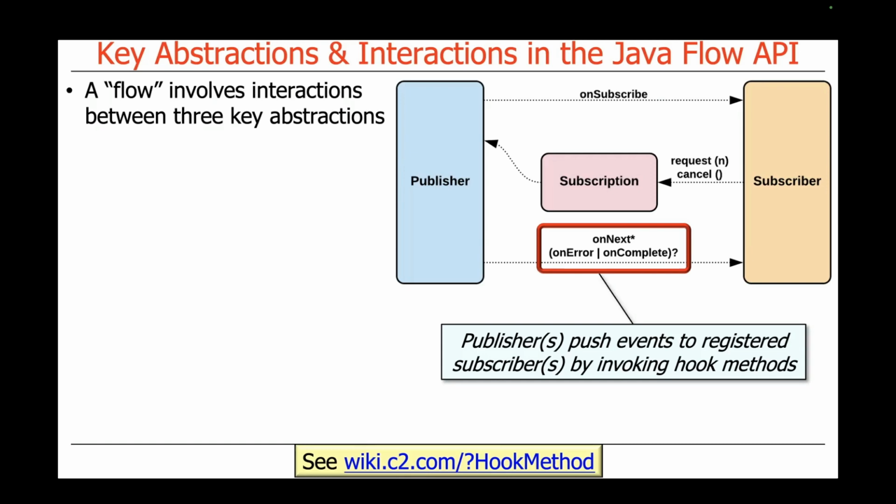And it could optionally be followed either by one onError hook method or one onComplete hook method. But it doesn't have to do either of those. So when you read this, you can see very quickly that there might be no events at all. There could be an infinite number of events, or there could be some non-infinite number of events, optionally followed by onError or onComplete. So that describes the semantics of the interaction from publisher to subscriber.